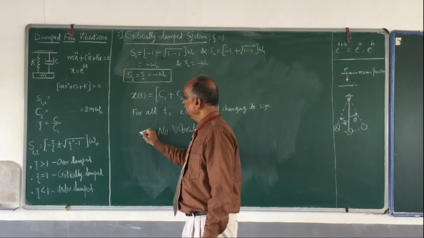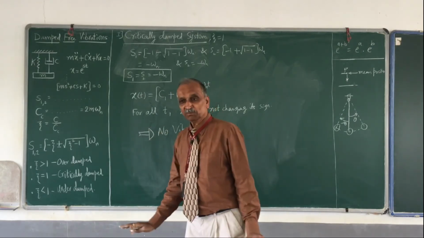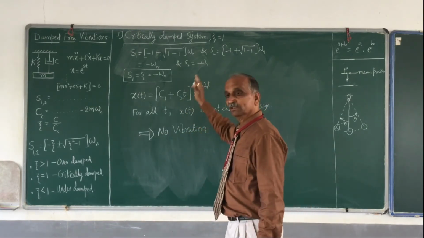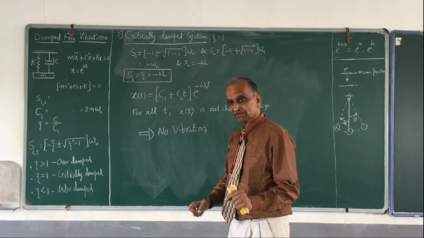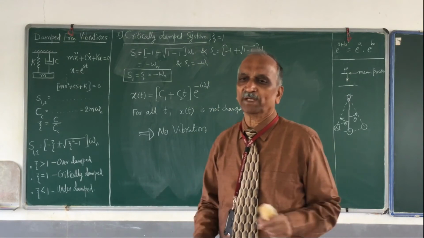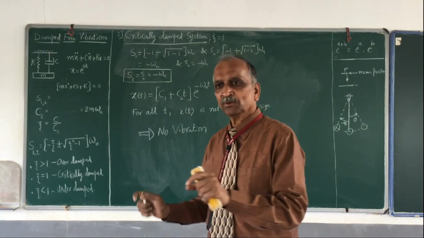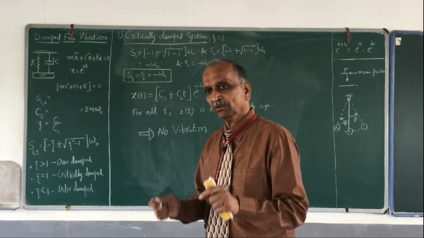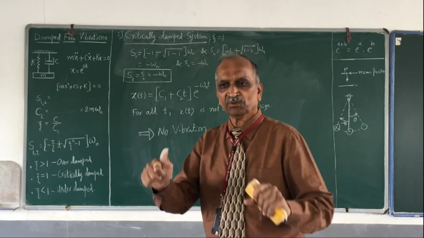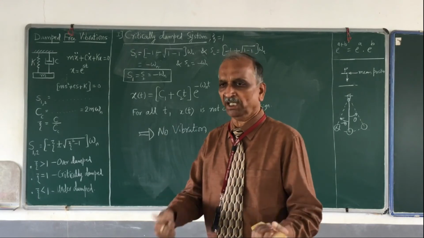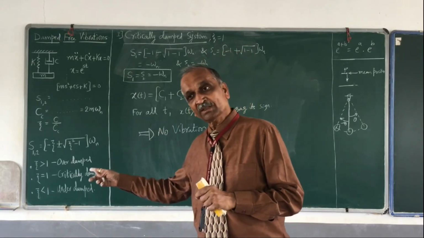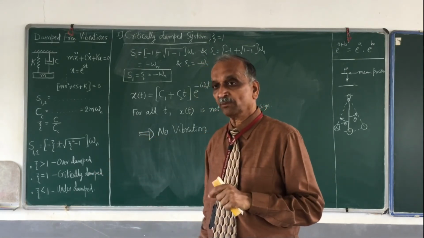If the system is critically damped, please do not forget what we are understanding. What is critically damped? The value of C of the system is the same as Cc. What is Cc? Cc is 2m into omega n, any value. If your C value and Cc value are the same, if you try to induce free vibrations, then the free vibrations will not take place. That is the meaning of it. So I hope you remember the purpose of the study of this topic.